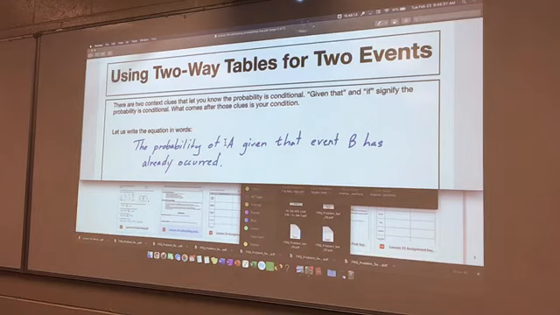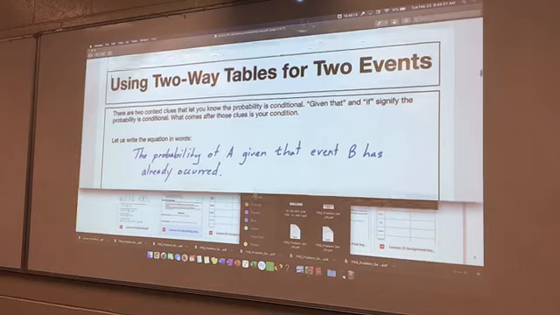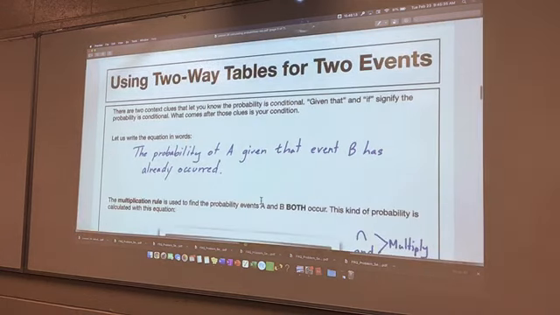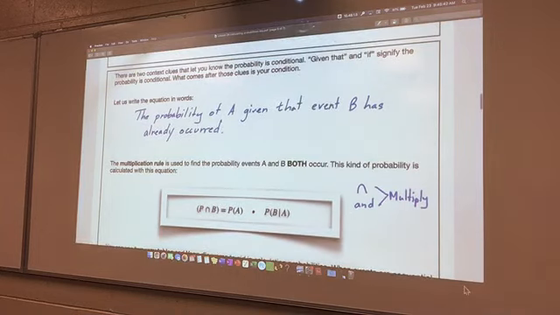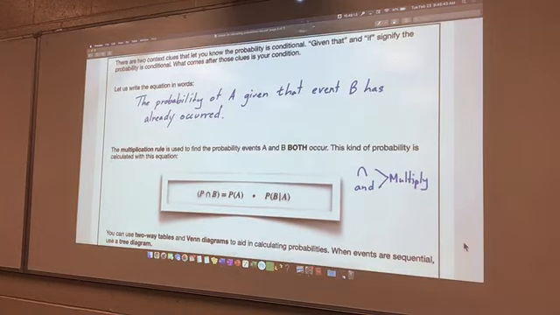Multiplication rule. This is your union, totally lied, intersection. Whenever you see intersection, it means to multiply, or you see the word "and." I want this and that.